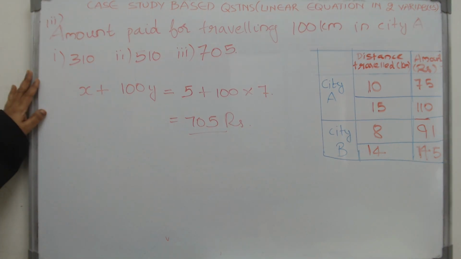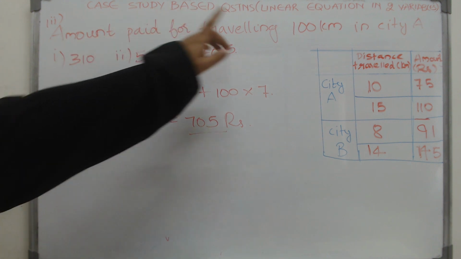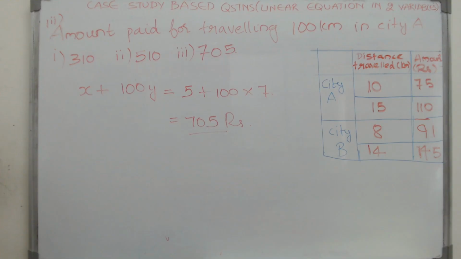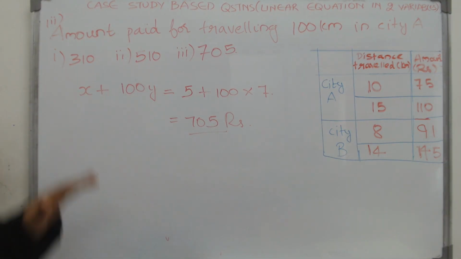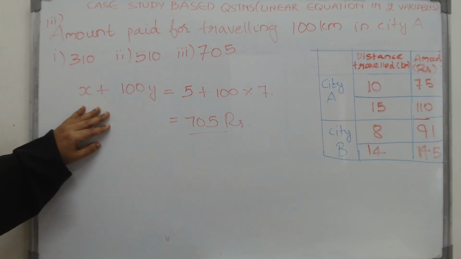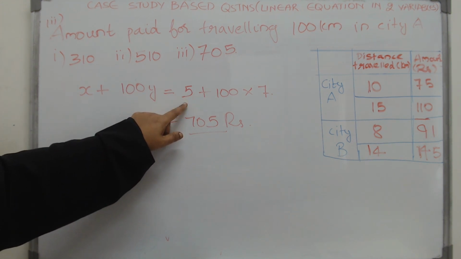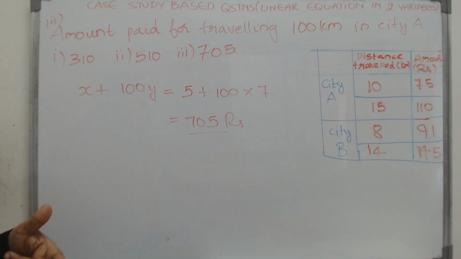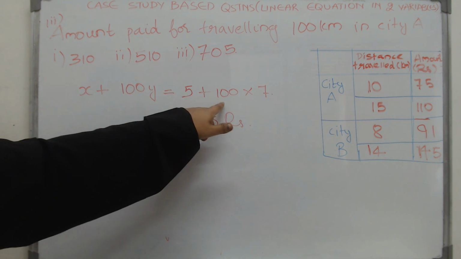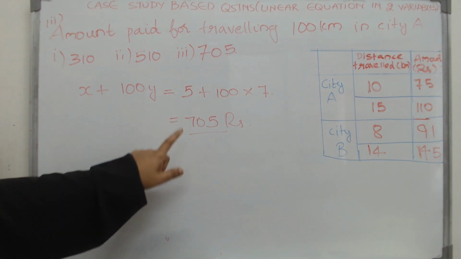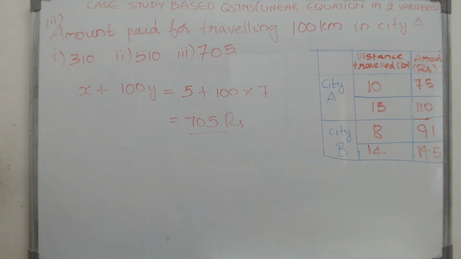Now we move on to the third part of the question. A person is traveling 100 kilometers in city A, then how much will he have to pay? First is x, which is the fixed charge, which is 5, what we found out. Then for every 1 kilometer, 7 extra, which means 700 plus 5, which is 705.